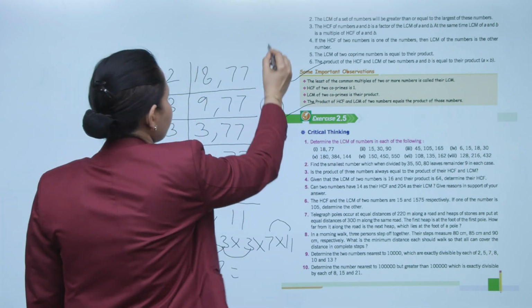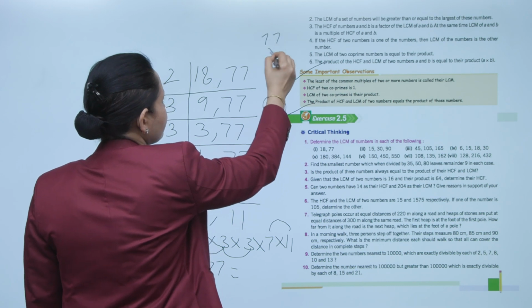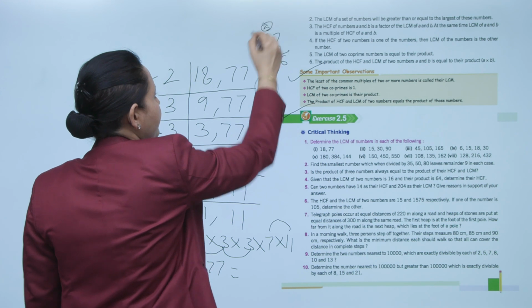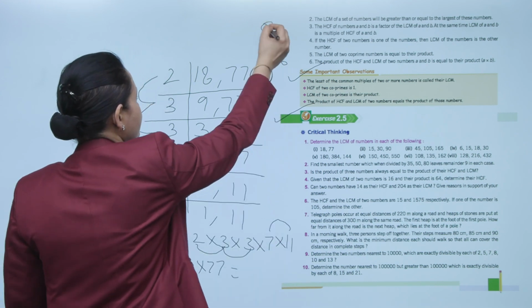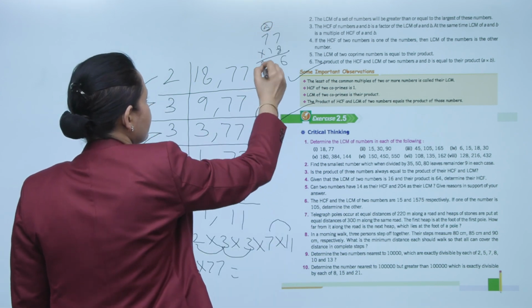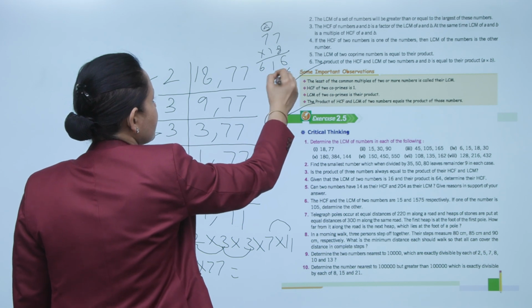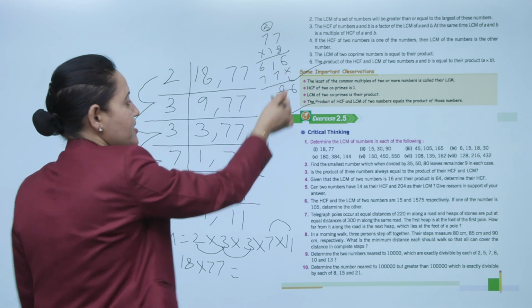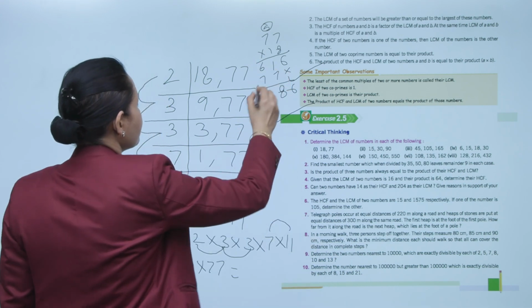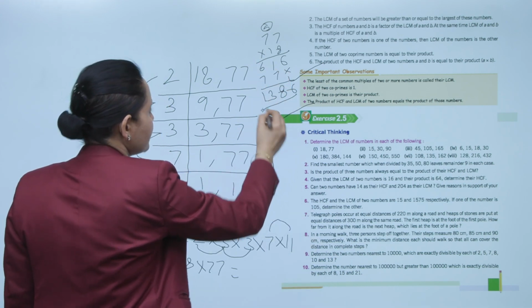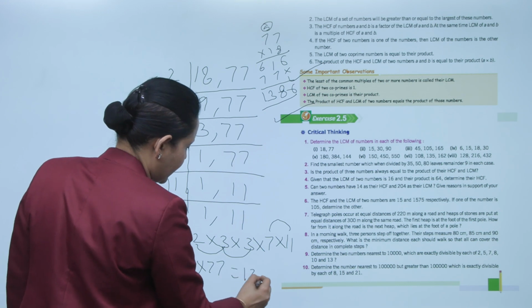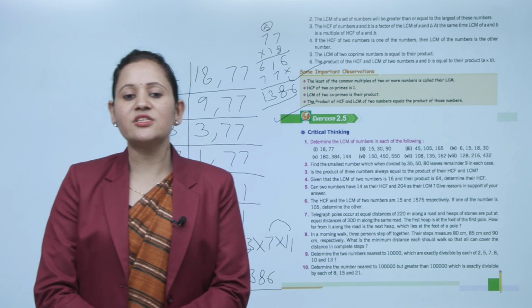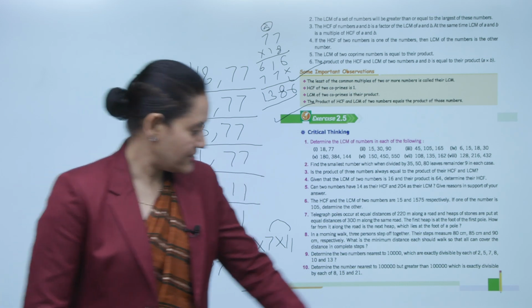So 18 into 77 is 1386. That will be the LCM. Clear? So practice all the questions of this exercise.